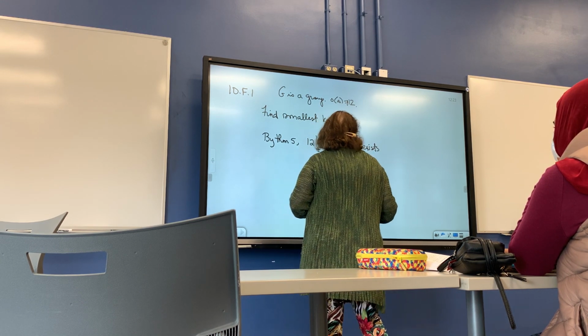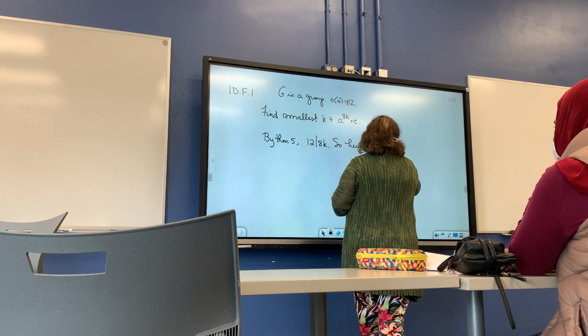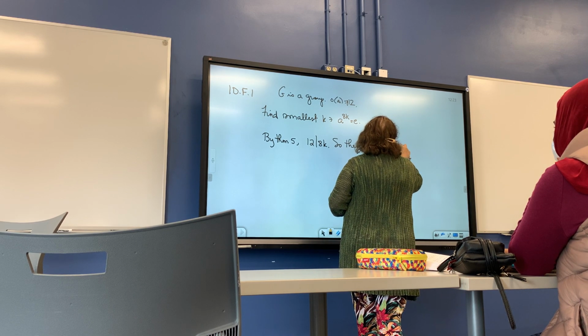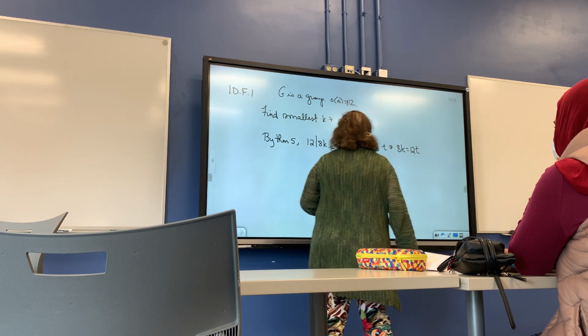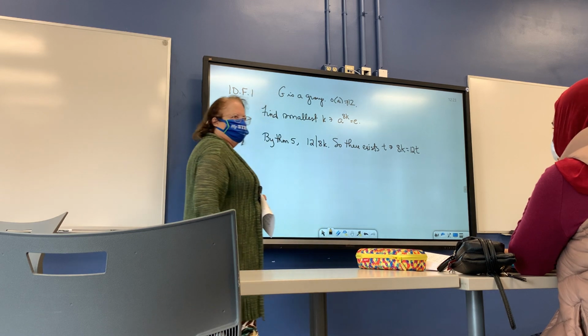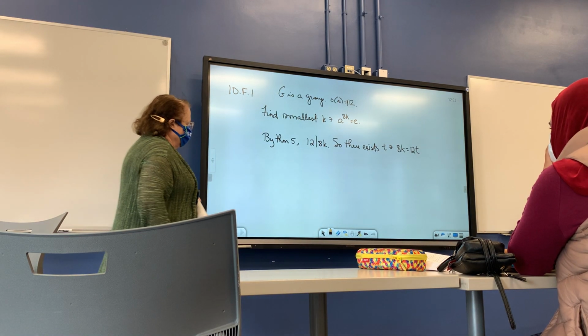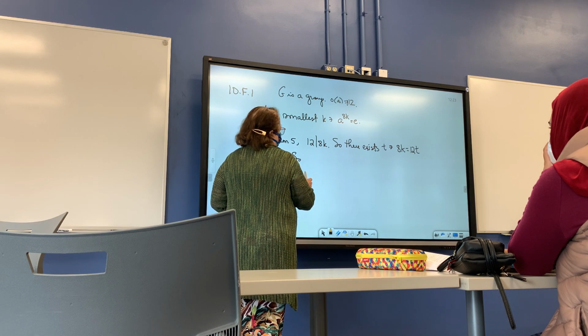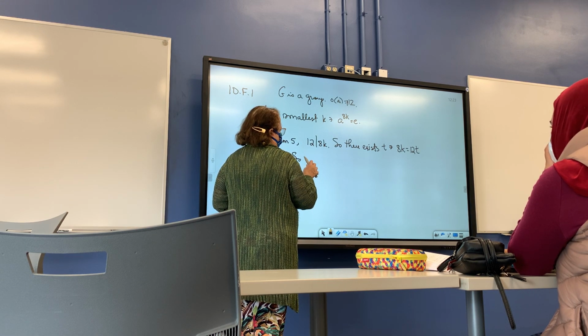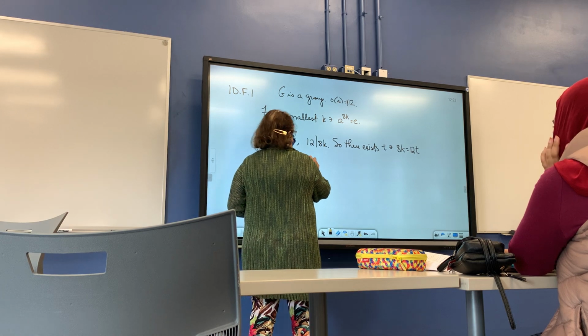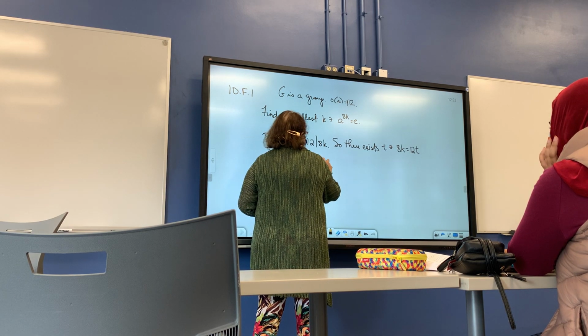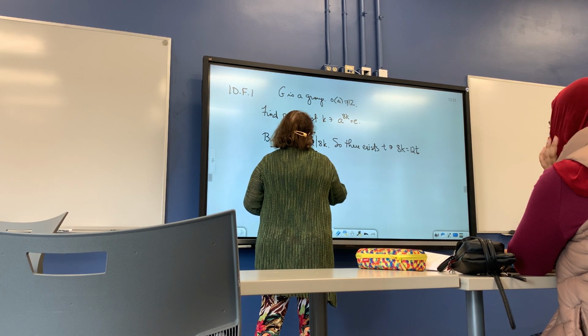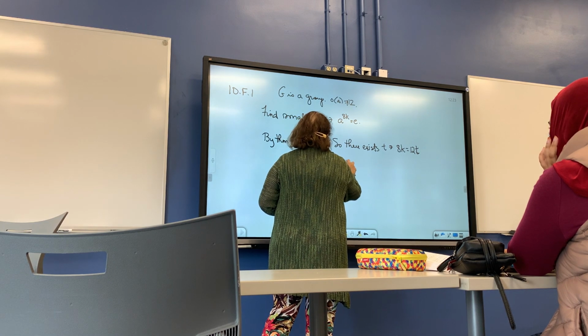And let's use t, such that 8k is 12t. Do you agree? Okay. And we're sticking with whole integers, not fractions. 2k equals 3t.